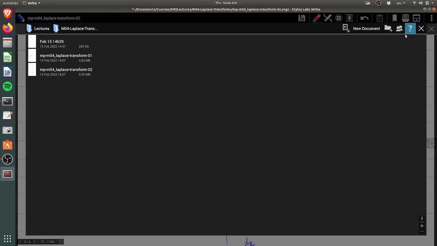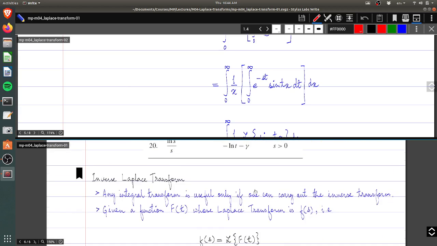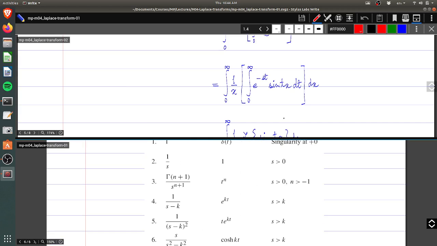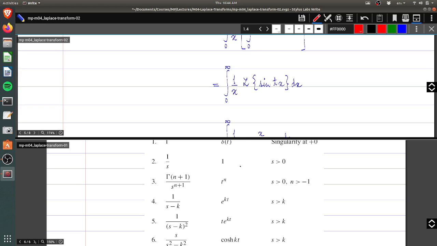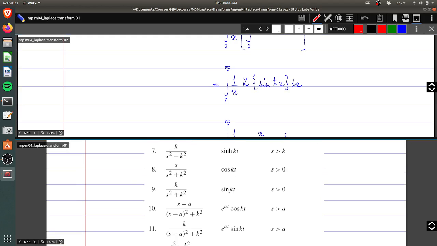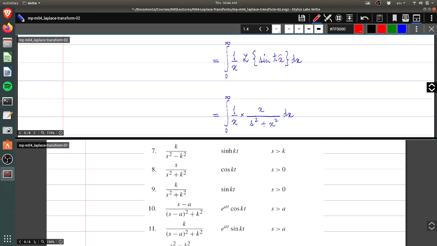We already know the Laplace transform of sine tx from the table of transforms. Here, t is the variable, and instead of k we have x.